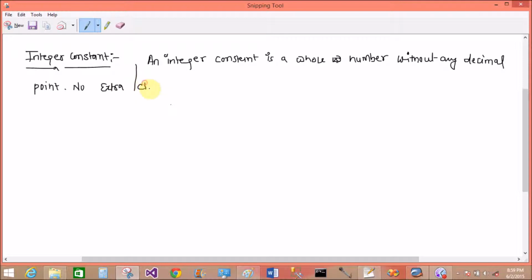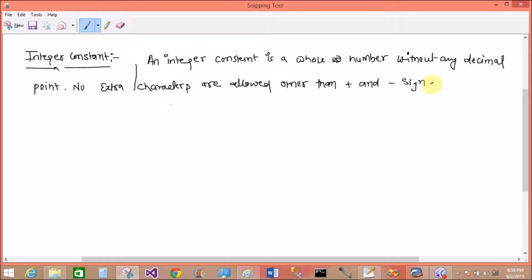No extra characters are allowed, that is, special characters like less than, greater than, dollar sign, etc. No extra characters are allowed other than plus and minus signs.